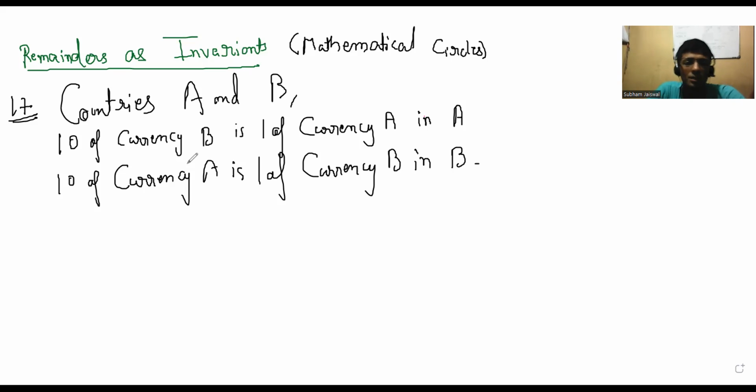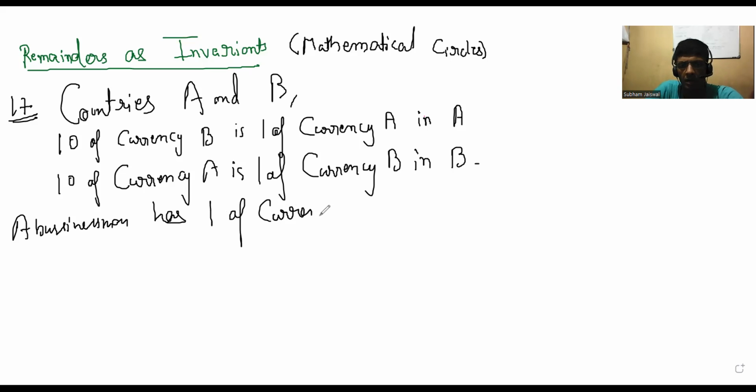Now it says that a businessman has 1 of currency A. He travels to both the countries, and let's say he doesn't spend the money.